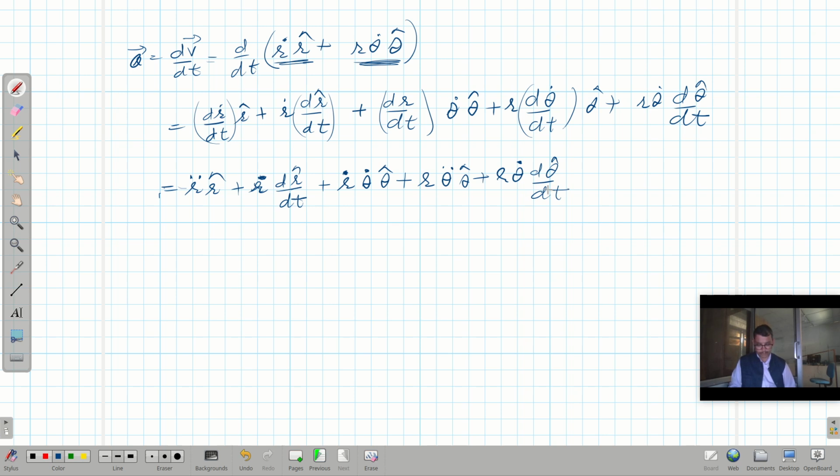Now my objective is to find the values of dr cap over dt and d theta cap over dt.